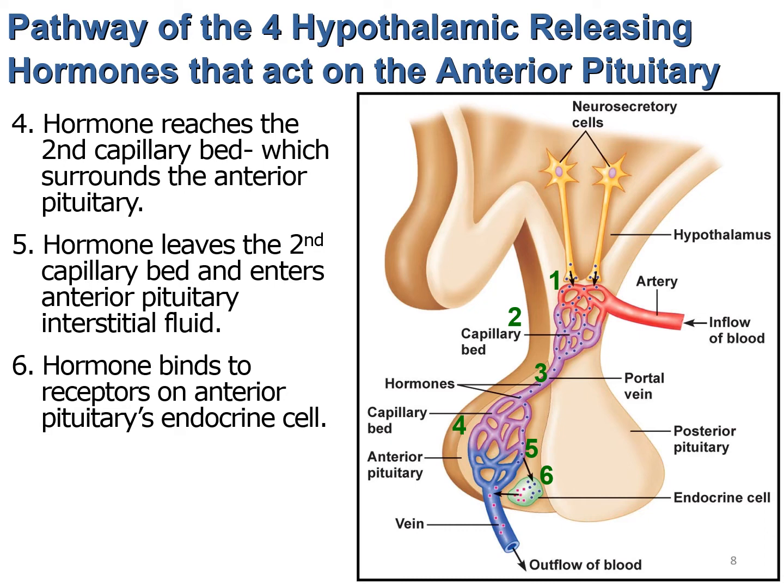So in short, hormones released by the hypothalamus travel to the anterior pituitary gland, bind receptors on glandular cells there, which then release their hormones into the blood.